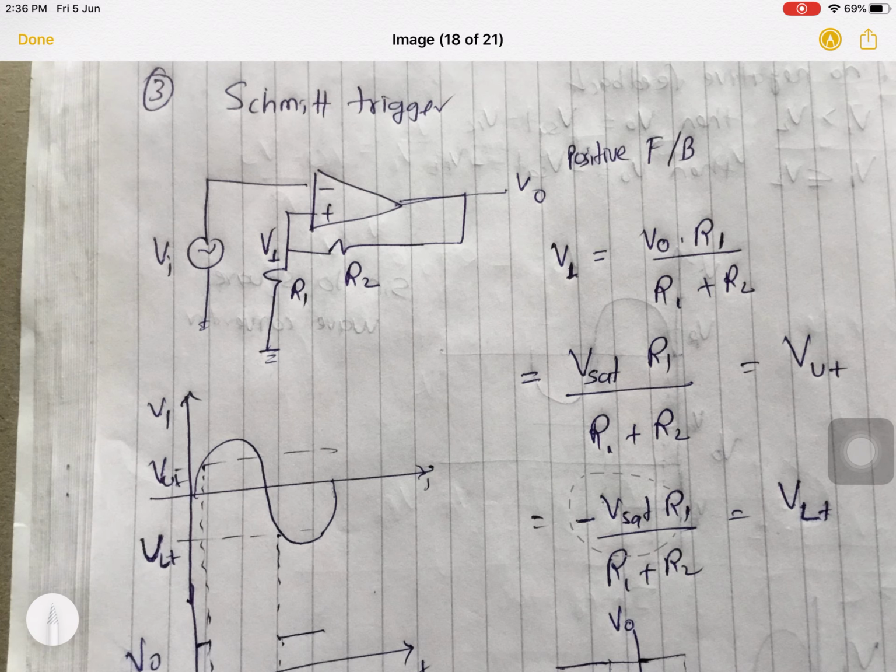And if V0 is minus Vsat, then it is VLT, the lower threshold voltage. So only two thresholds can be decided: VUT and VLT. VUT is Vsat times R1 upon R1 plus R2. VLT is minus Vsat times R1 upon R1 plus R2.